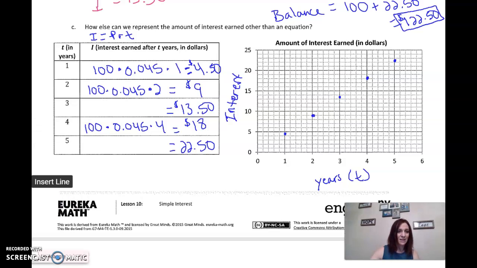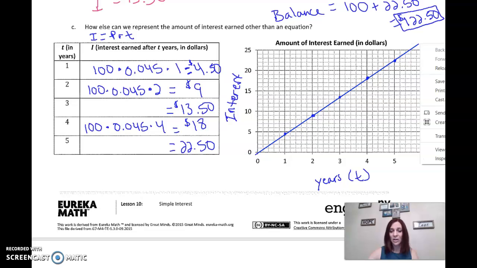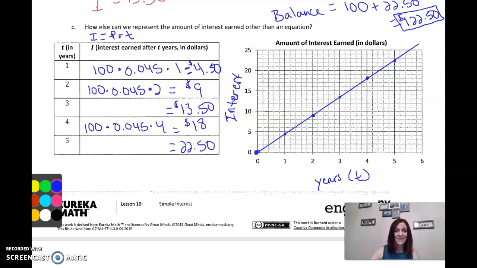So what do we notice about this right here? Hopefully we see that this is a line. And that our line goes through 0, 0. Okay. So, what else does this tell us? Kind of tells us that there's a proportional relationship, right? It's a straight line going through 0, 0. So interest, simple interest, is proportional.